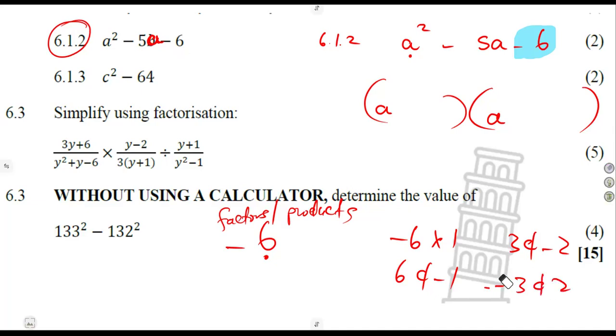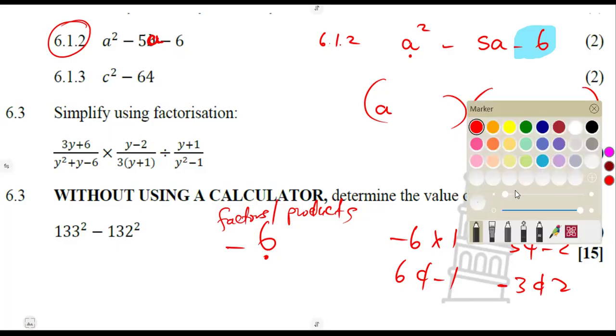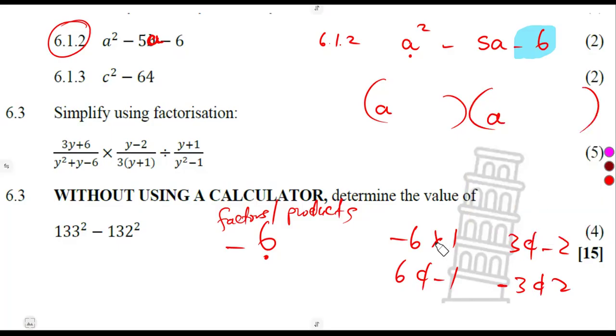But of these pairs, which one, when we add, must give us -5? Where is it that when we add now, we must get a -5?